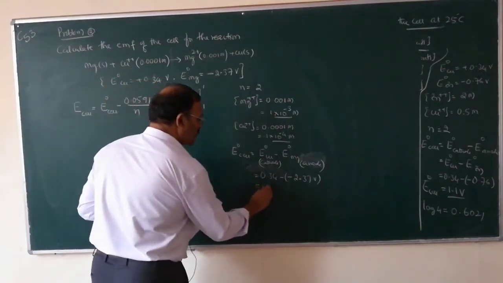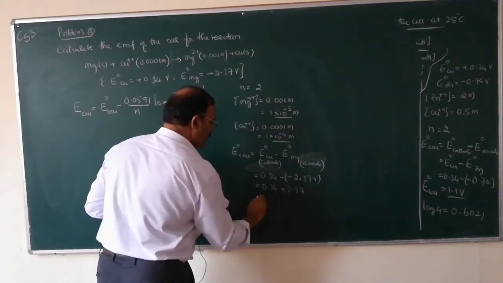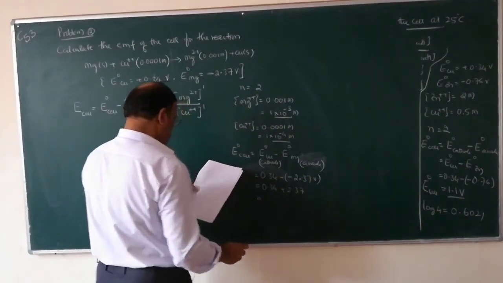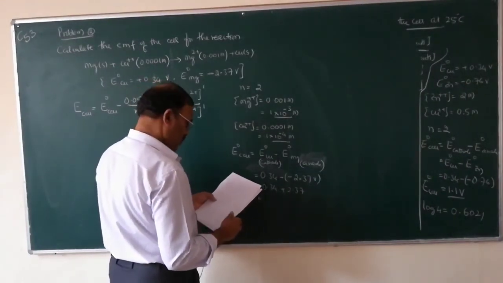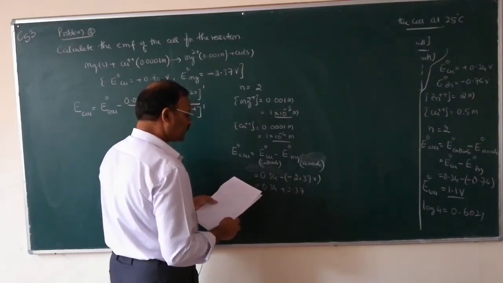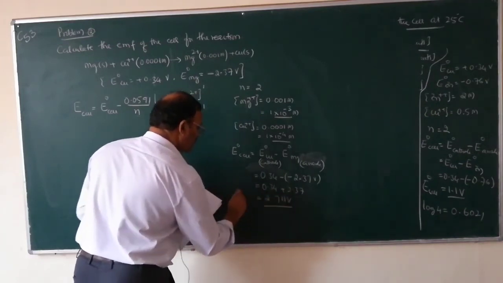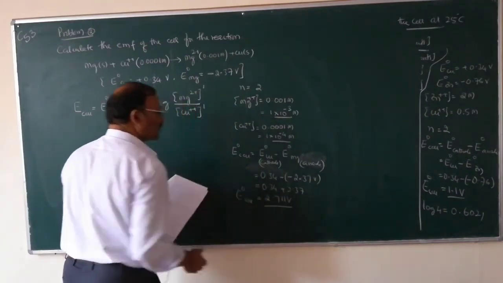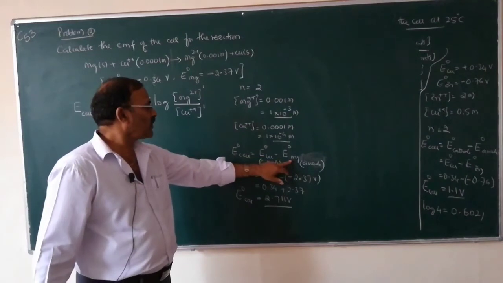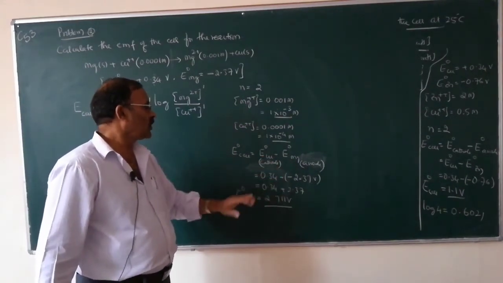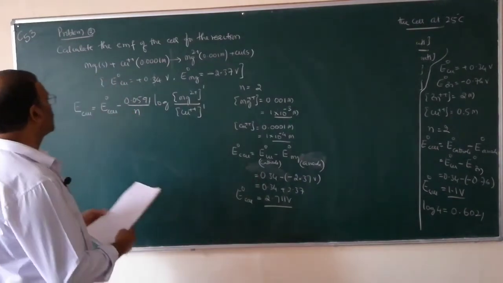So this is 0.34 minus of minus, plus 2.37, that is equal to 2.711 volt. So this is E naught of cell. Lower value is always anode, higher value is always cathode.